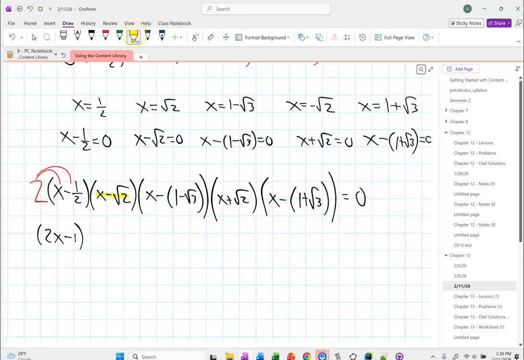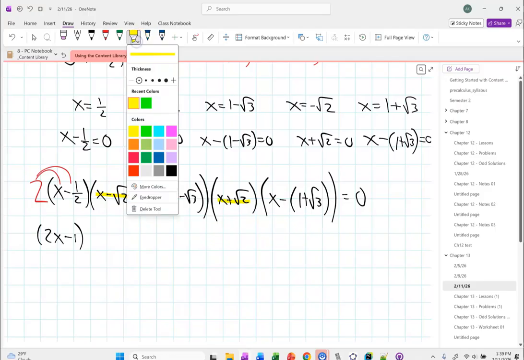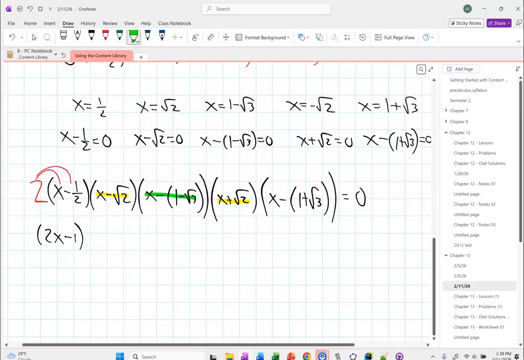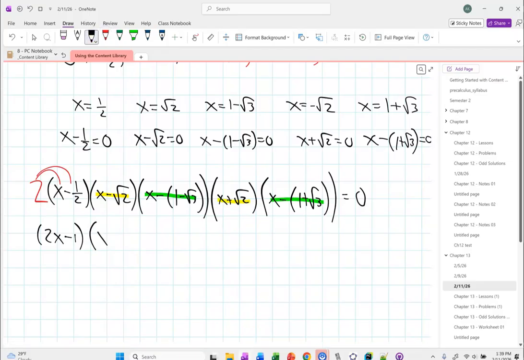When I'm going to multiply this together, though, I'm going to pick the factors with the conjugate pairs, and I'm going to multiply those together. So when I rewrite here, I'm going to rewrite those next to each other.